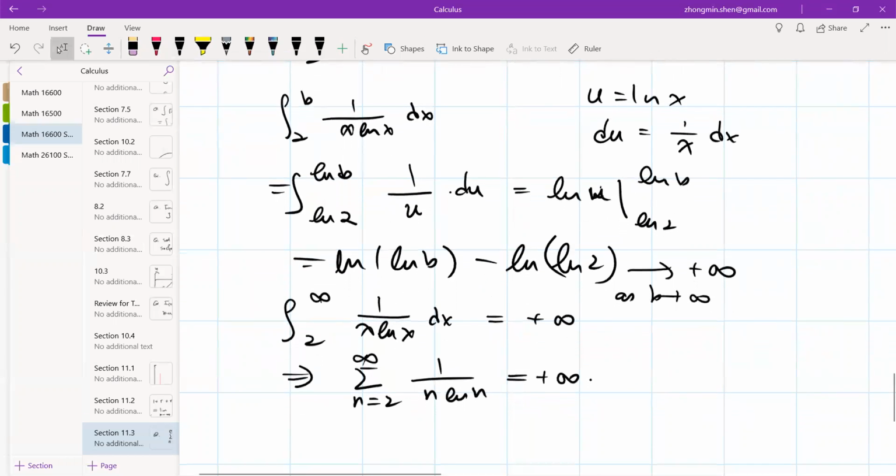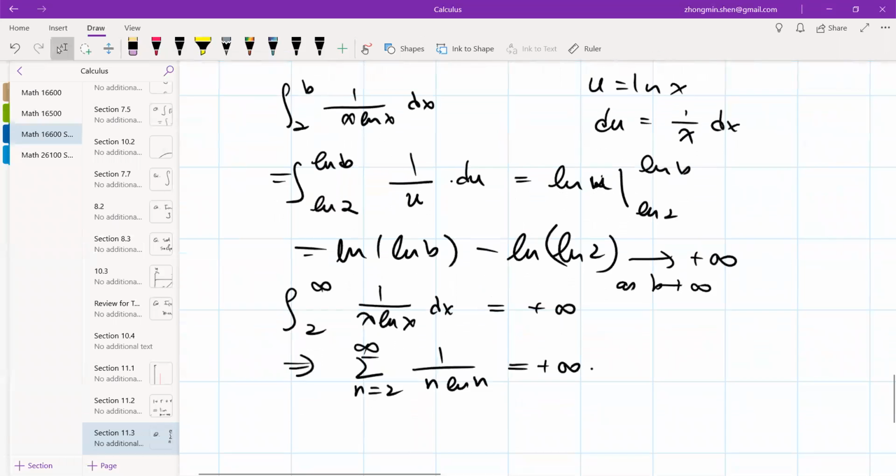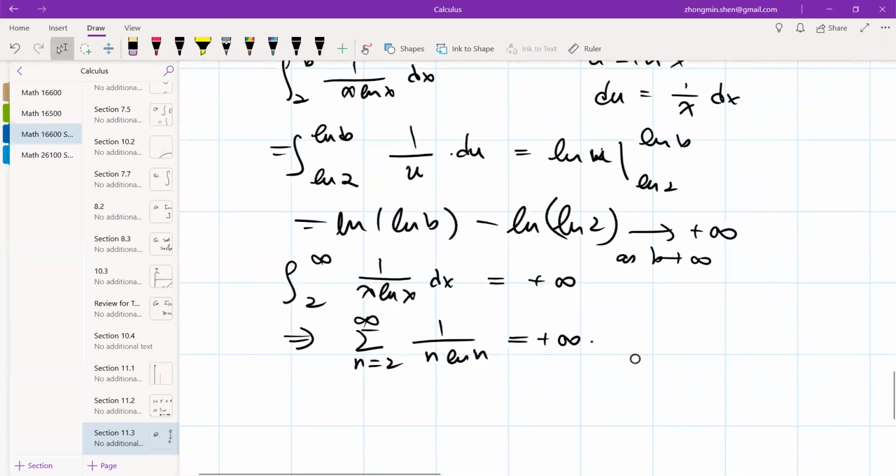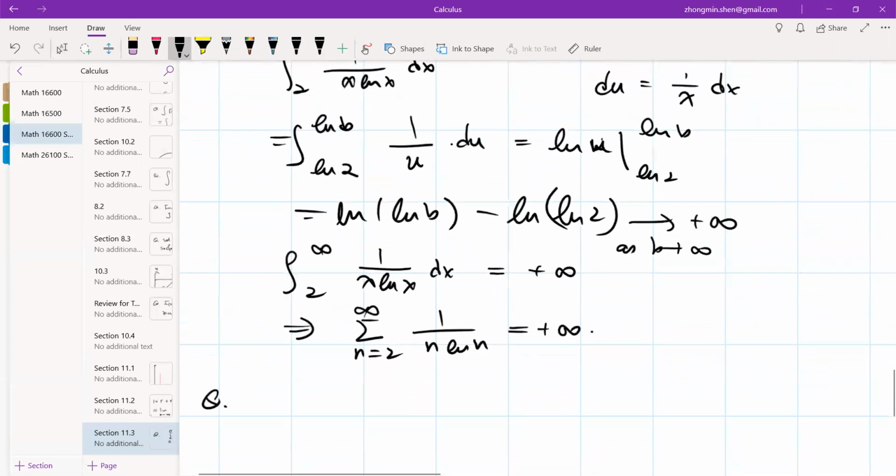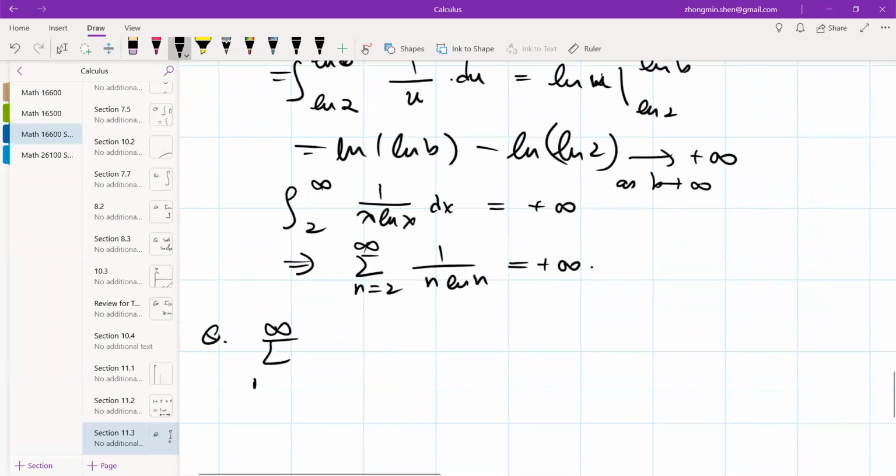Now this example shows maybe if you increase the power of natural log of n, maybe it's convergent. Okay, so my question is, determine the values of p so that it's convergent and when it's divergent. Yeah, think about this.